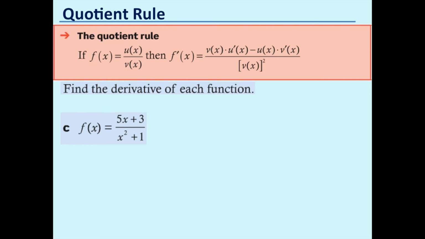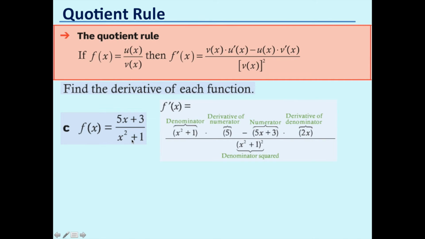So the first function here, we know that f x equals 5x plus 3 over x squared plus 1. So we can see then, applying this formula, that the first thing we need to do is take the denominator, which is x squared plus 1. Multiply that by the derivative of the numerator.